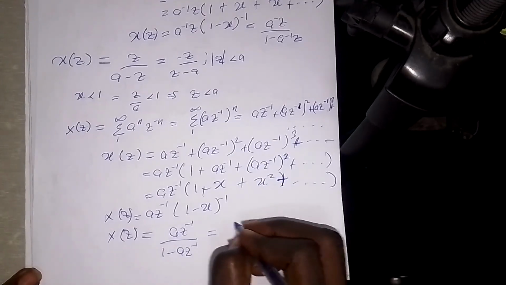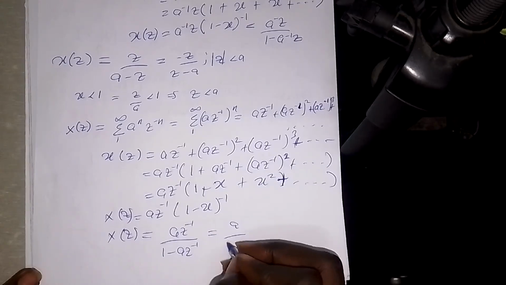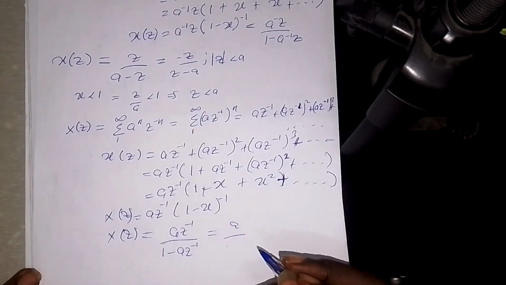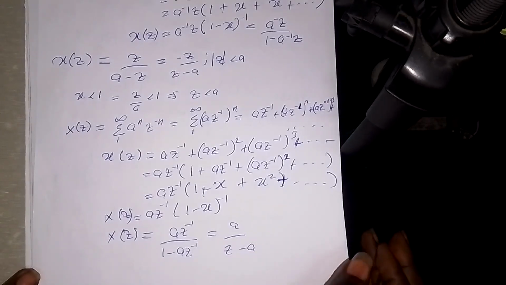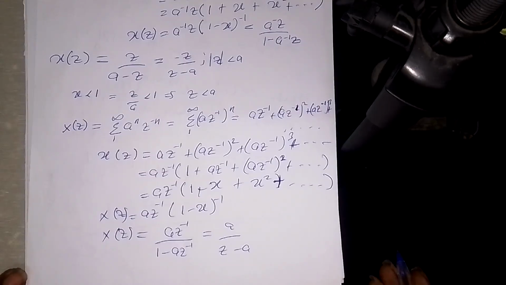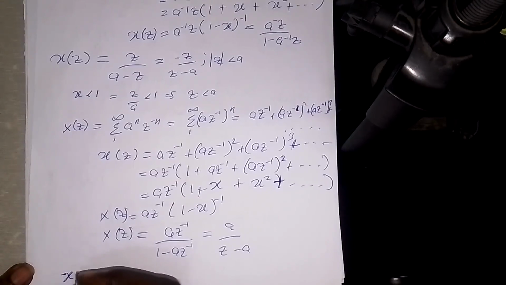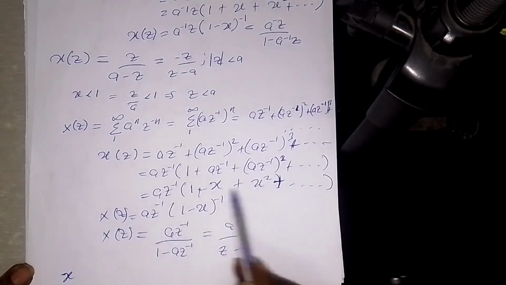If I multiply through by z, I'll get a on top, z on the bottom, minus a. And what will be my ROC? Before this can converge, |a z^(-1)| should be less than 1.